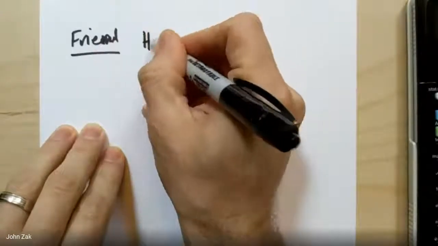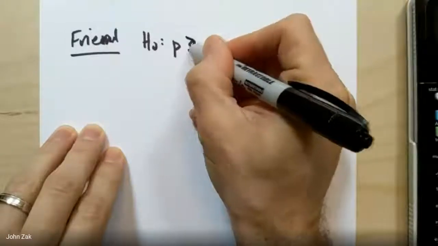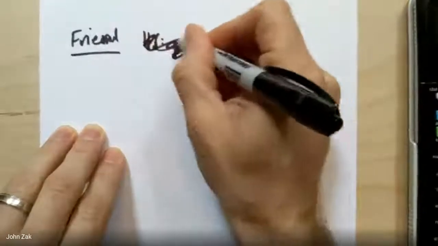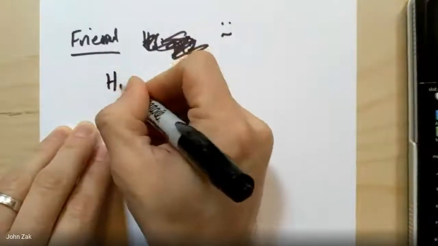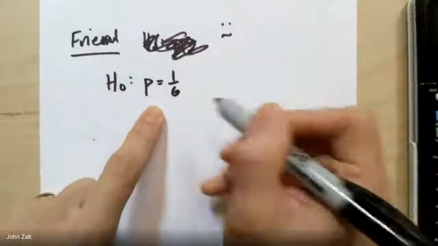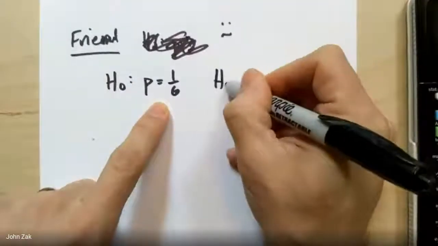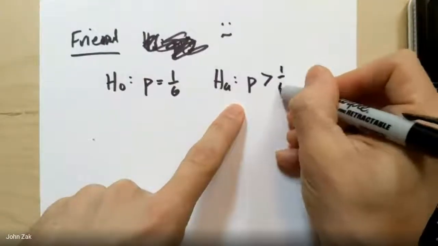We had a null hypothesis that your friend had a fair die, and so his probability of rolling a 6 was 1/6, and the alternative was that he had a better than 1/6 chance.